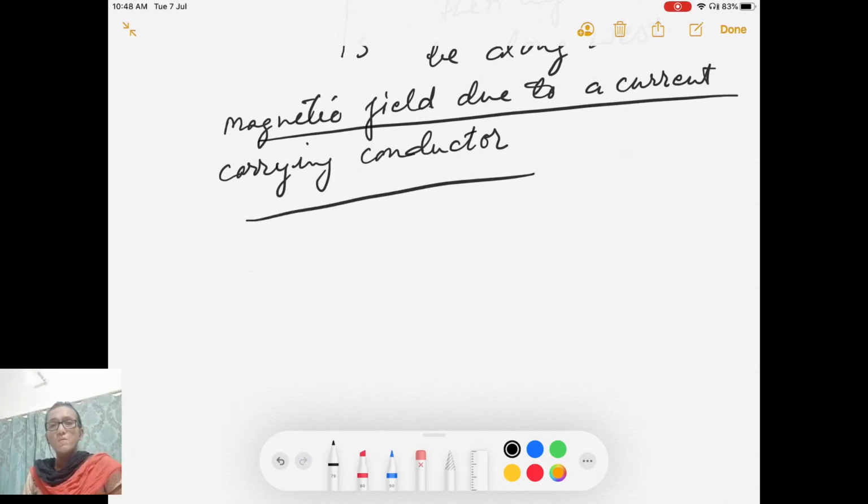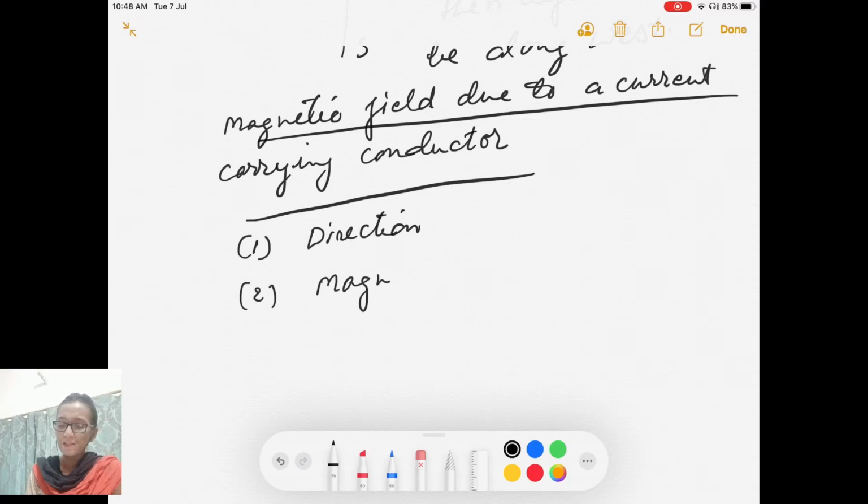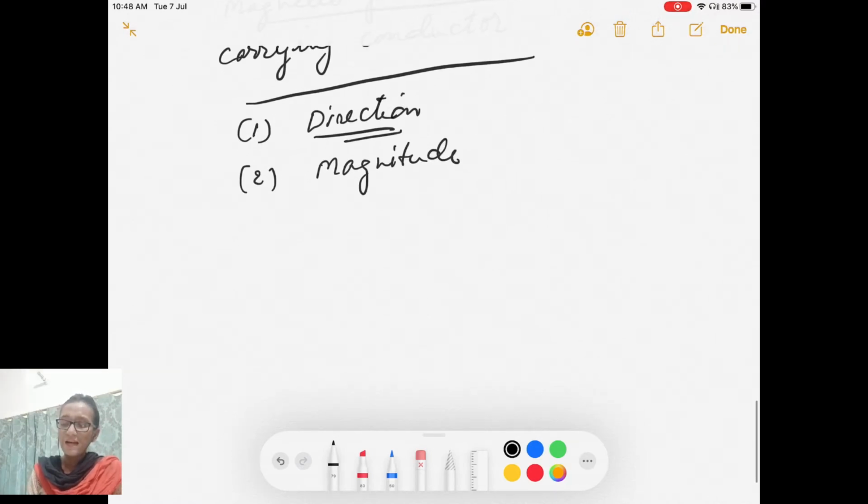Now we know that magnetic field is a vector quantity. So if it is a vector quantity, it will have some direction and it will have magnitude. So we will study two things: firstly, its direction, and second, its magnitude. And for direction, you have certain laws.